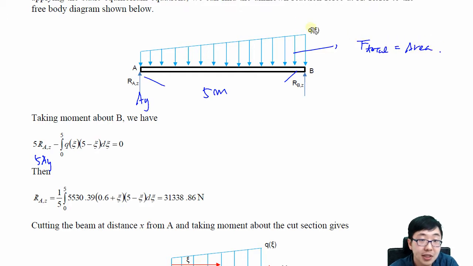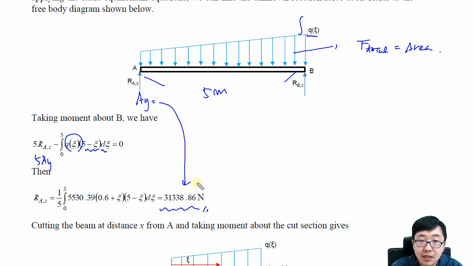You know what I'm saying? Area is the same as integration of this function, so they have applied the integration from 0 to 5 of the function Q, and 5 minus this one and integration, so that you should be able to get the exact number of the reaction force that is exactly the same as this one.